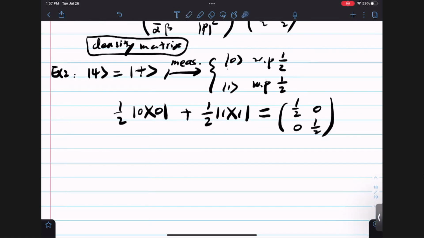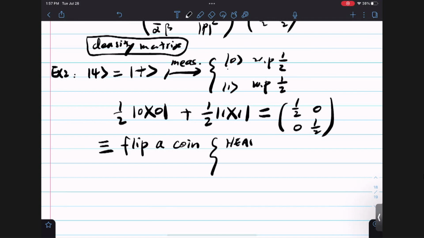Let me just point out, this process, if you just care about the resulting state, is the same as flipping a classical fair coin, and then preparing a quantum state accordingly. For example, if it's heads, we prepare |0>.